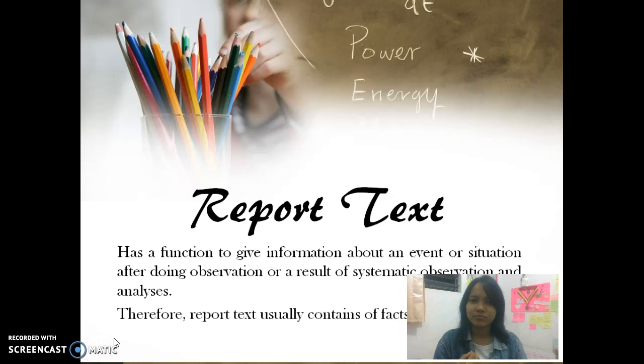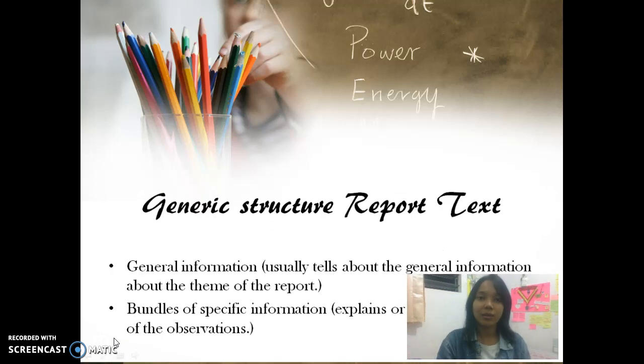So, you will find that all report text contains facts, which are detailed. If you want to make a report text, you have to pay attention to its generic structure. This contains two important points. First is general information, which tells about the general theme of the report.